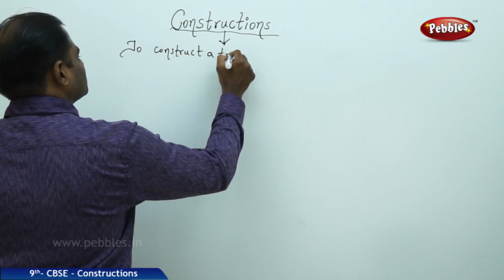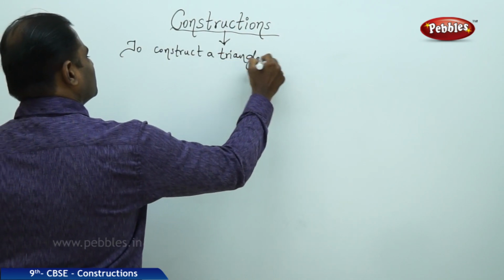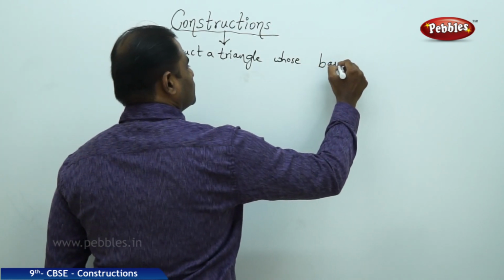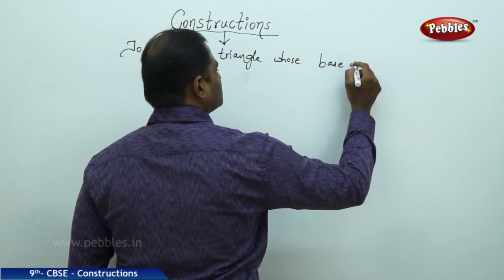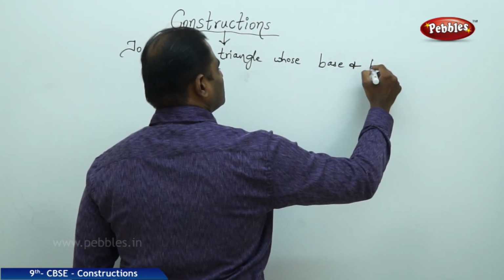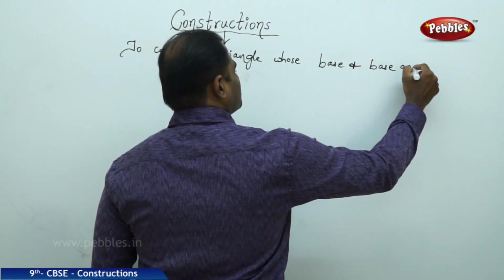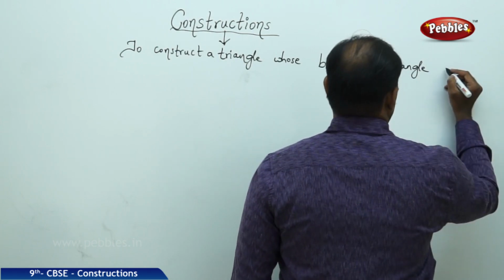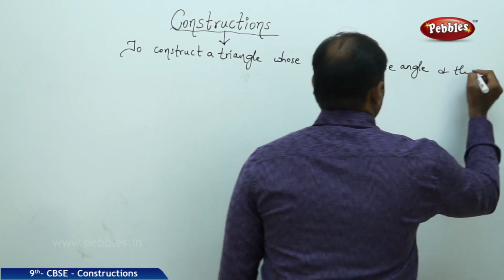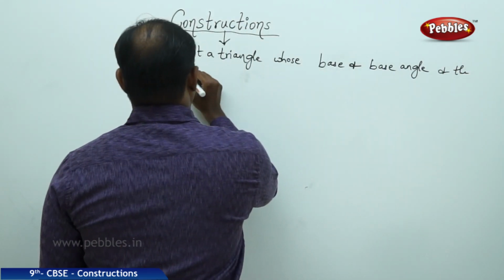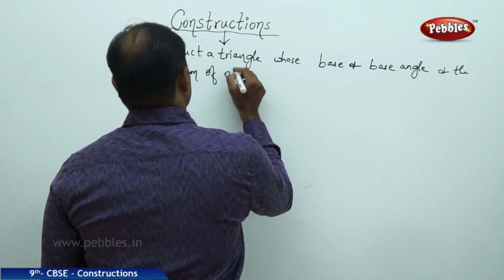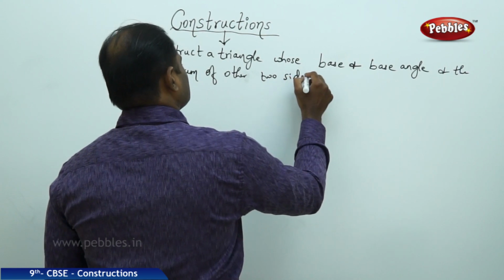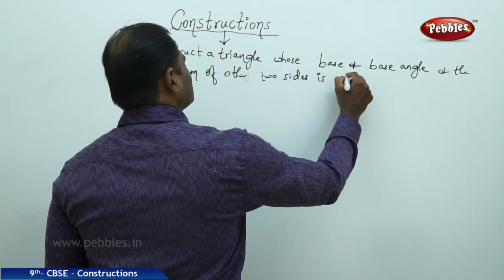To construct a triangle whose base and base angle and the sum of other two sides is given.